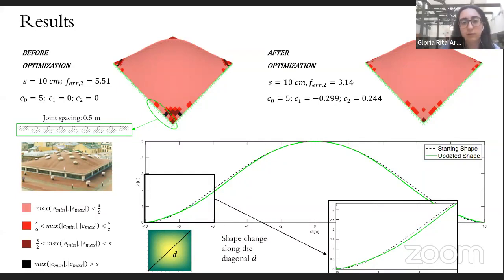So the self-weight load causes the generation of bending moments, especially in the edges. And also, depending on the boundary conditions, the behavior is not perfectly membrane. Yeah, so what you say is basically due to the thickness, right? That you get bending occurring. Thickness and boundary conditions too.